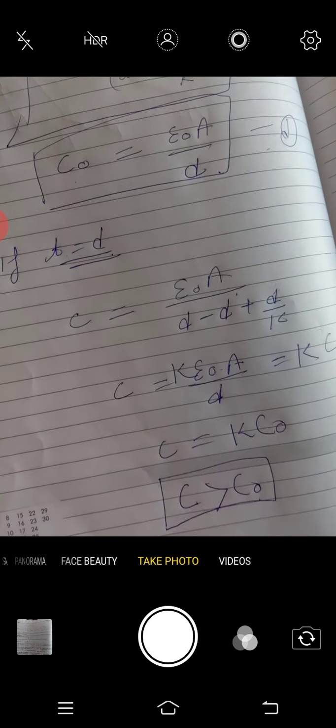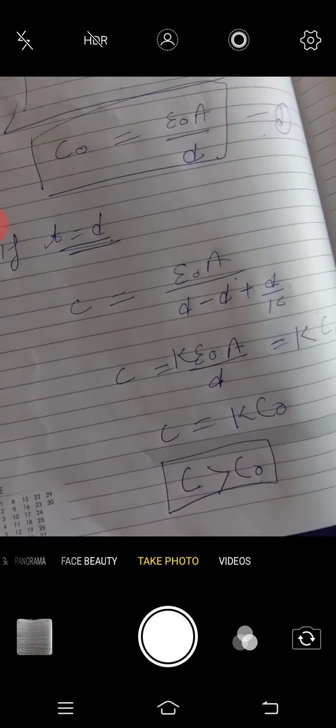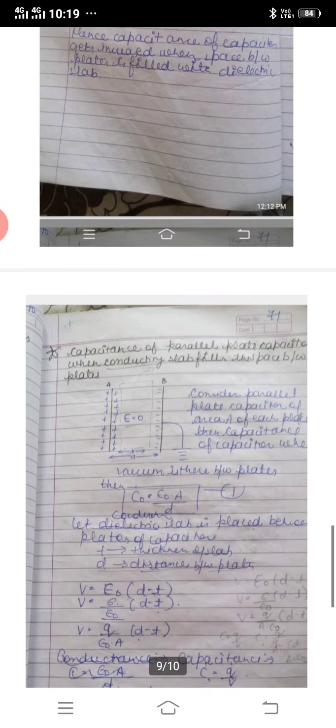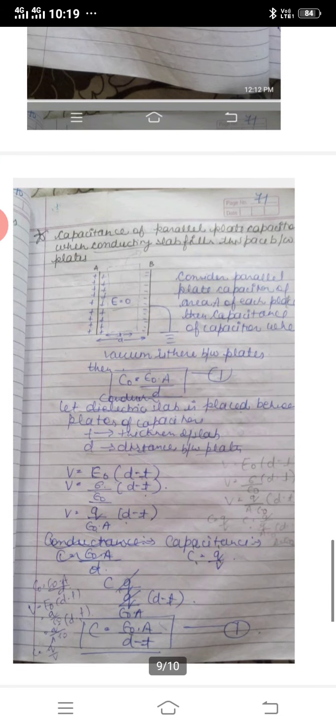Means when you are placing dielectric slab between the plates of the capacitor, then its capacitance will increase.